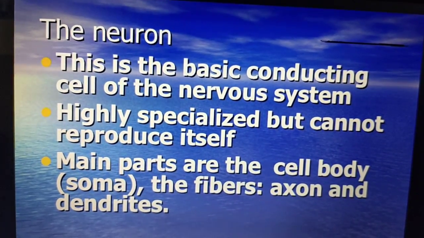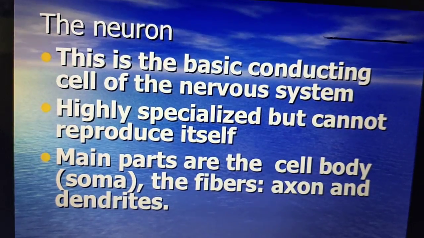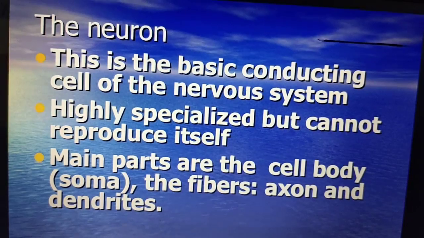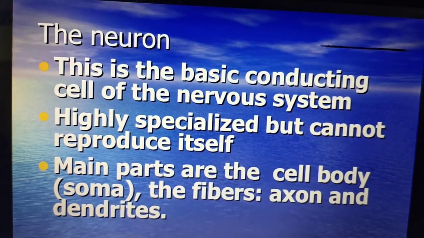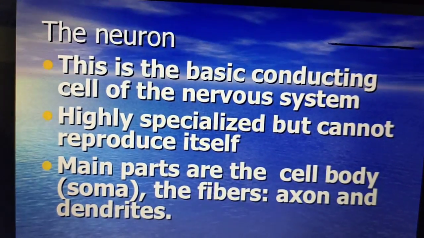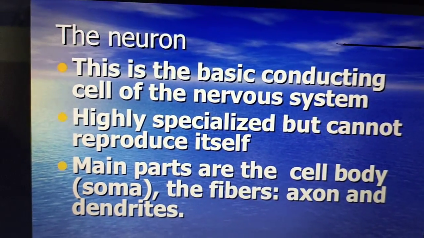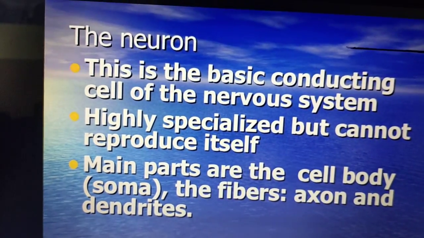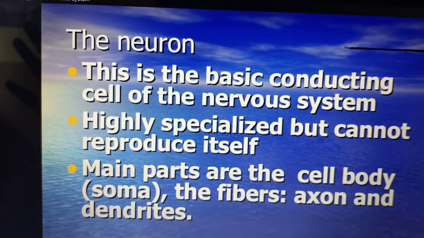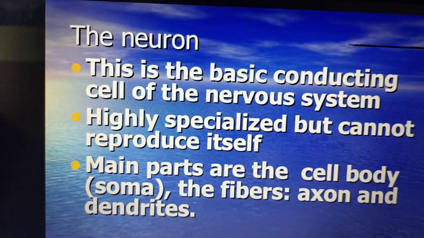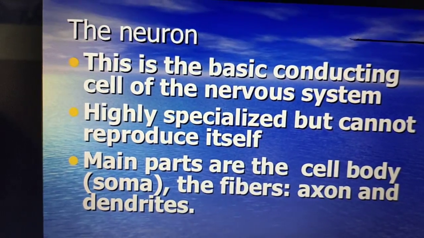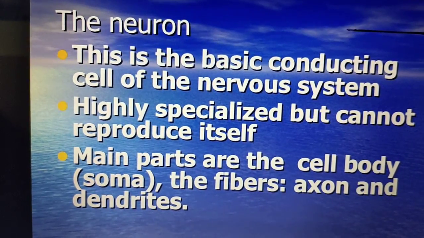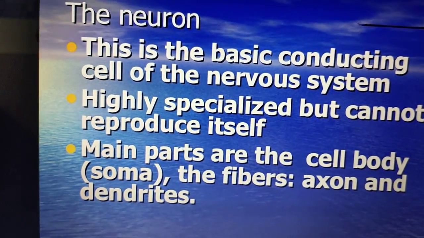The neuron is the basic conducting cell of the nervous system. As I told before, it is highly specialized but cannot reproduce itself. What do you mean by this? Cannot reproduce itself means, for example, if there is damage to the outer epithelial tissue of your hand or finger, it may regain its structure and function.